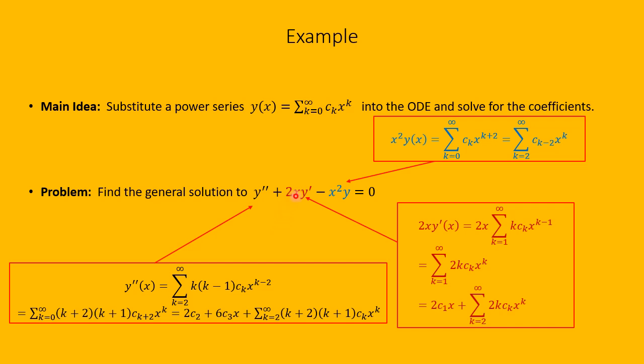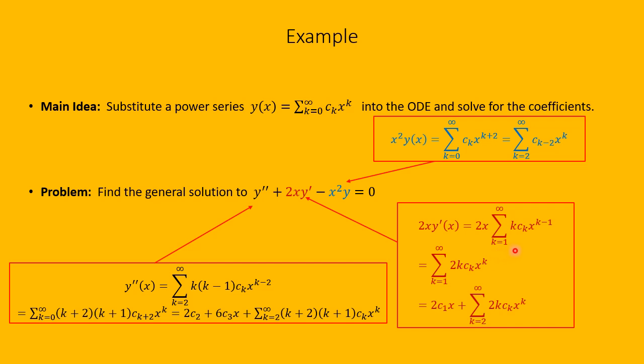Let's move on to 2x times y prime. Well, 2x times y prime of x is 2x times the sum where k goes from 1 to infinity, k c sub k, x to the k minus 1 power. Once again, we could ask, why don't we start with k equals 0 here?